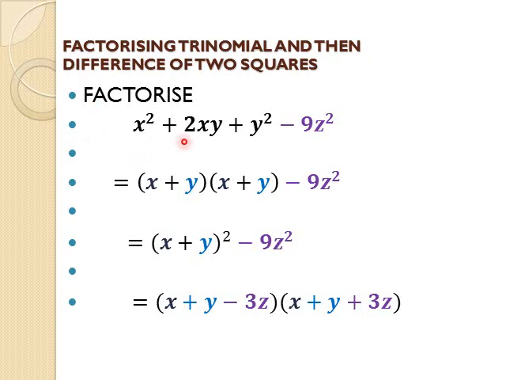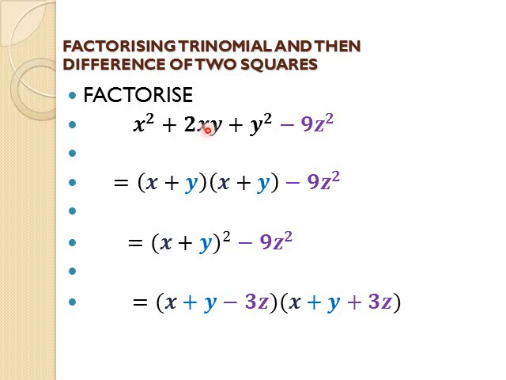Given x squared plus 2xy plus y squared minus 9z squared. So first there are 4 terms, so if I test grouping, for the first two there would be x as a common factor, but for the last two there would be no common factor. The value 9 and the value 2 means that I wouldn't be able to create a common factor. So now we look at the first 3 terms: x squared plus 2xy plus y squared.